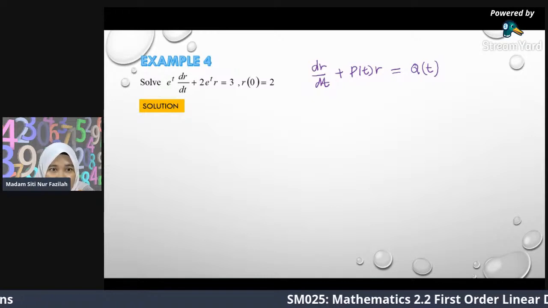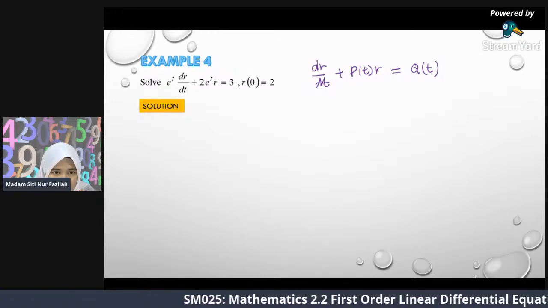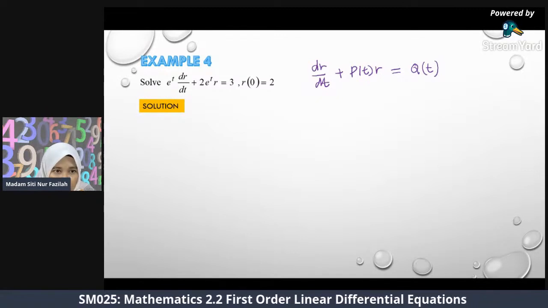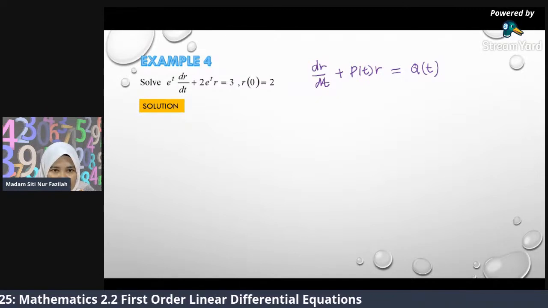This is the standard form for example 4 when we want to use an integrating factor.